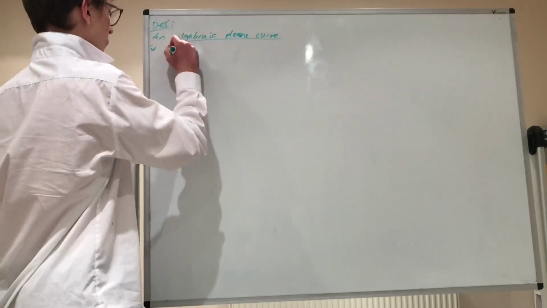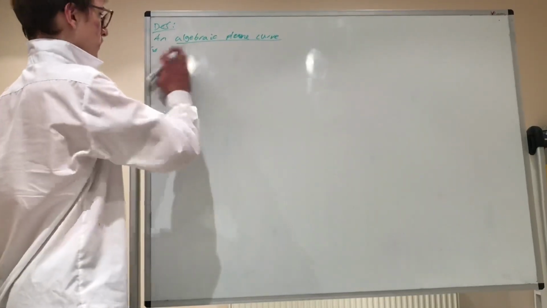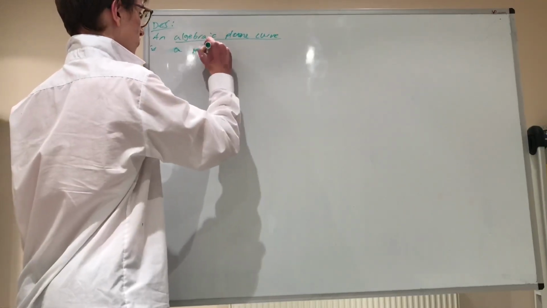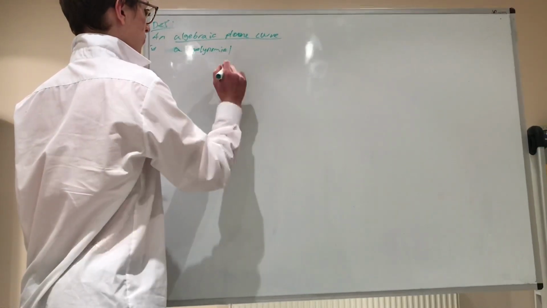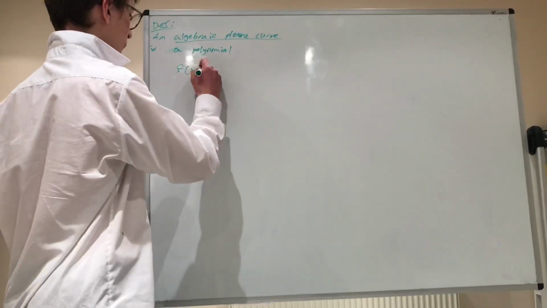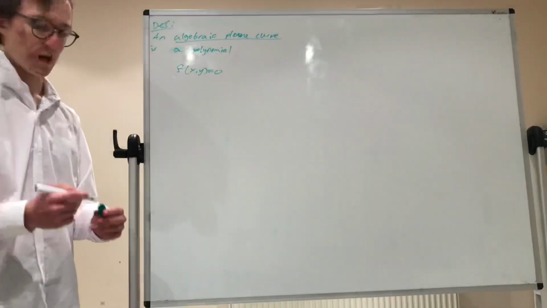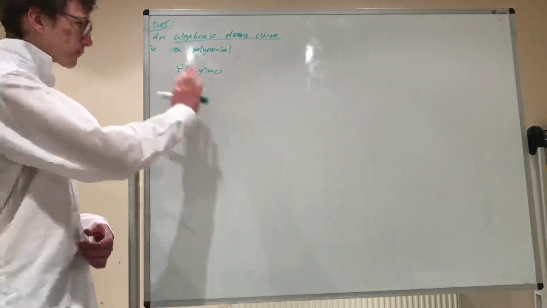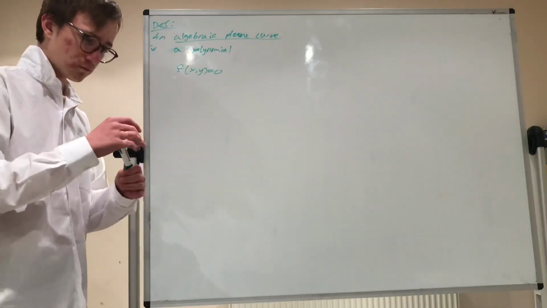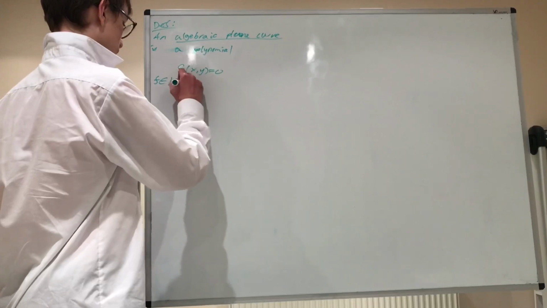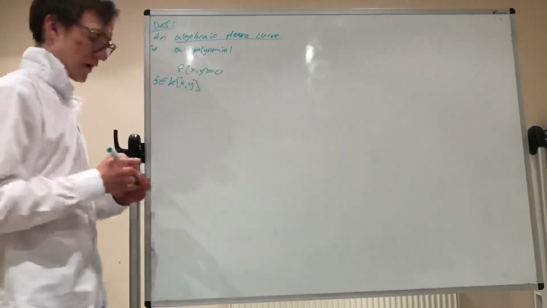It's a polynomial, we'll say, satisfying the following: f of x, y equals 0. And our coefficients can be in any field k. We'll put f in k of x, y.